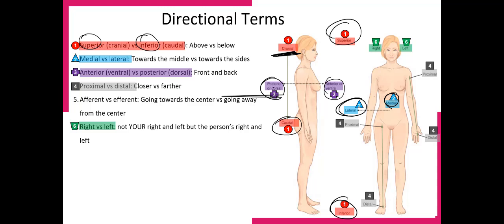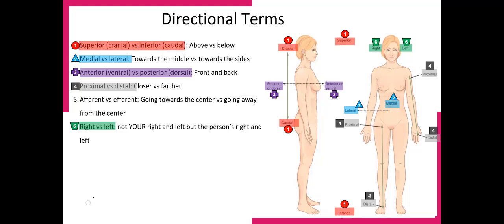So when we talk about something being anterior, so your eyes are located anteriorly on your body, whereas your shoulder blade is located posteriorly on your body, right? Proximal versus distal. So proximal is close, distal is far away. So proximal and distal, close and far, depends on a reference point, right?